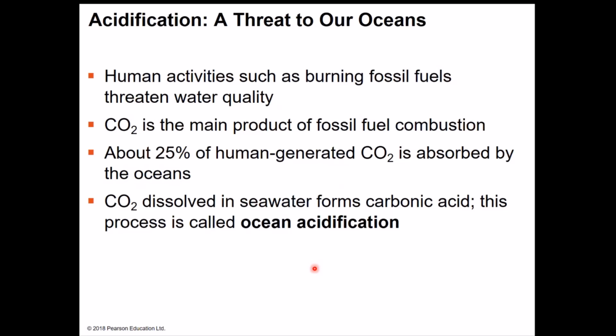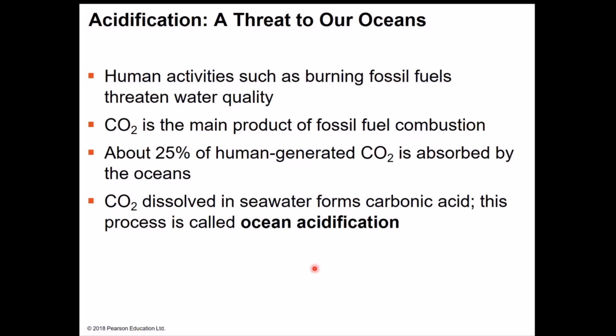Human activities such as burning of fossil fuels threaten water quality. Carbon dioxide is the main product of fossil fuel combustion, and about 25% of human-generated carbon dioxide is absorbed by the oceans. Carbon dioxide dissolved in seawater forms carbonic acid.